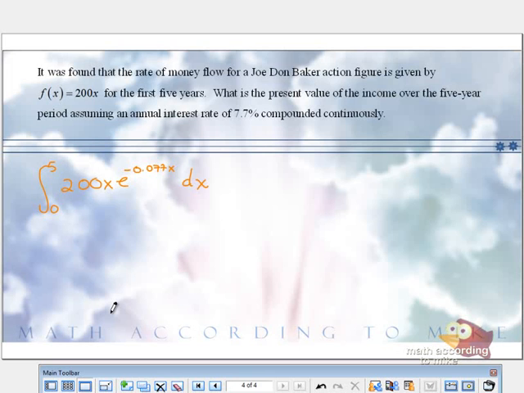Integration by parts. The 1 over k won't work because there's an x here. So when you have a product and some quotients, you want to consider integration by parts. That's what we did in 16.1, I think it was.